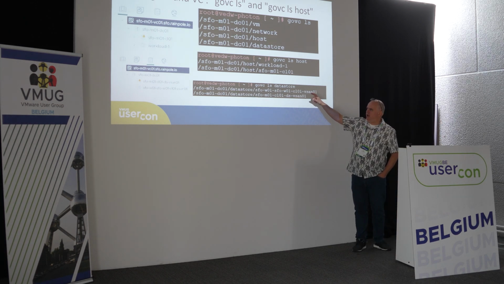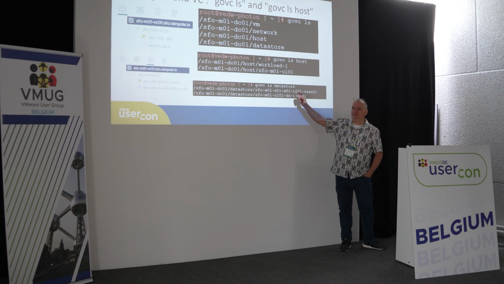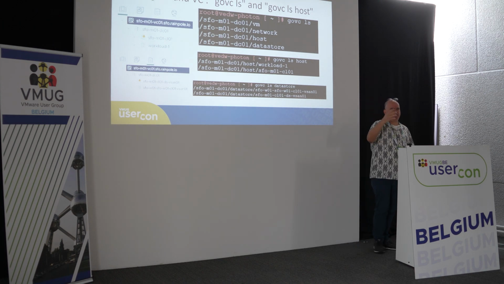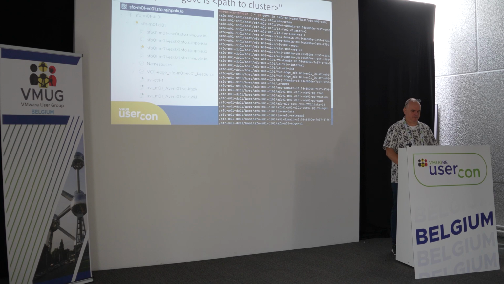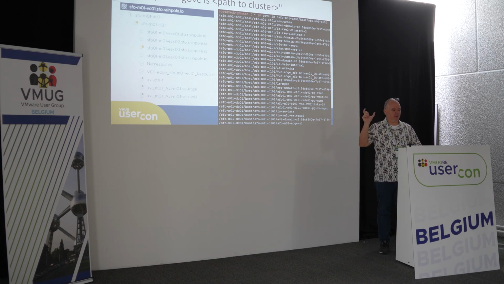Every object that you see there, we can then take it and do govc ls on that specific object to see if we've got more information, specifically like folders and stuff like that. In this case, I did take a cluster, I did govc ls on that cluster, and you see that we've got ESXi hosts, resource pools, and VMs.